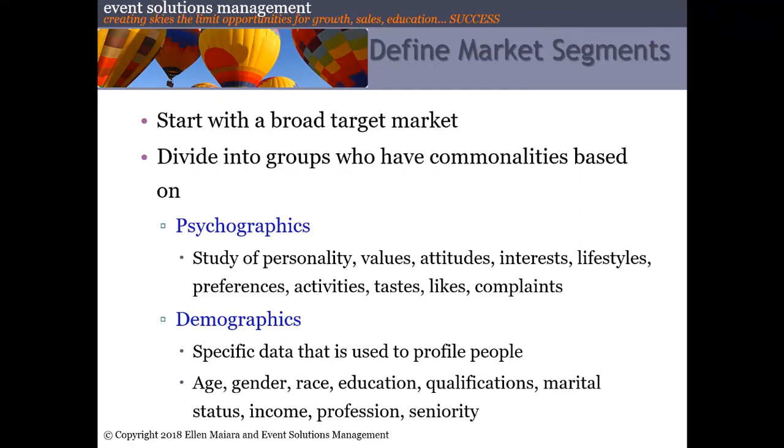Versus demographics, which is data that's used to profile people, and typically, underline the word data: age, gender, race, education, qualifications, marital status, income, profession, seniority. We tend to lump everything into the term demographics, but really there are these two different terms.